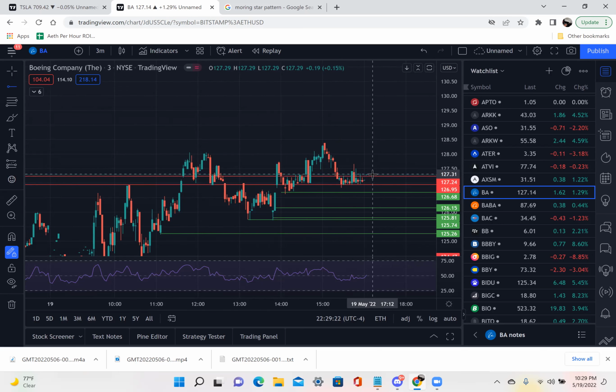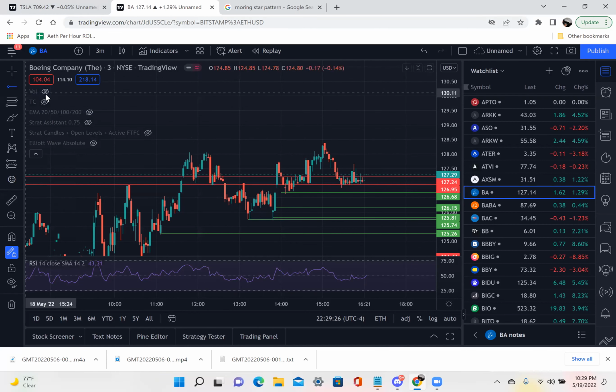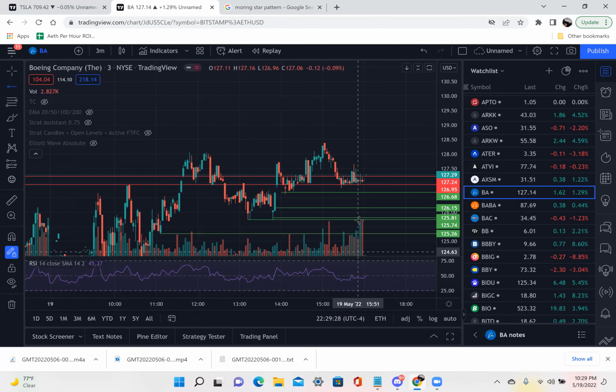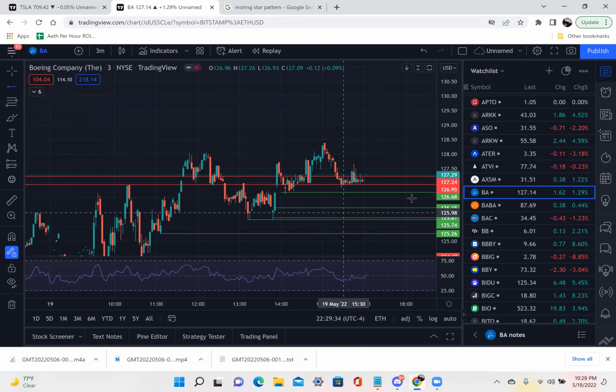But it also all depends on the volume that's coming into that certain candlestick. So there's a lot of things that play into me just being aggressive or me just waiting for a retest. But to answer your question, you waiting for a retest is called confirmation.